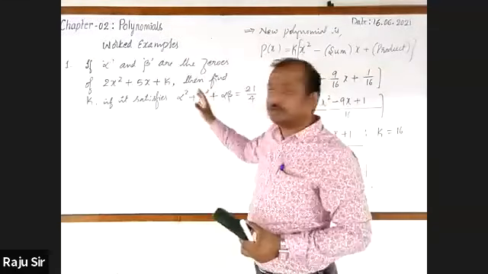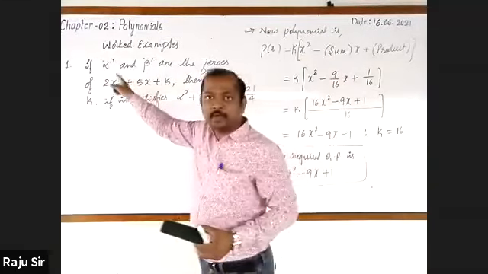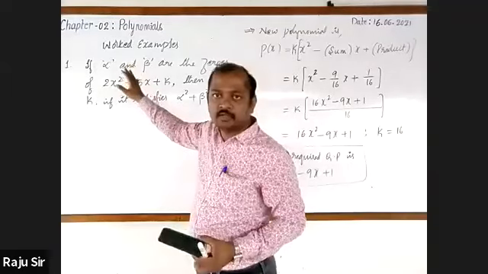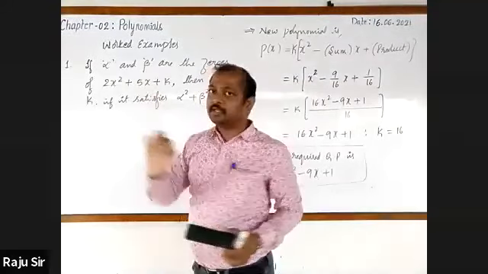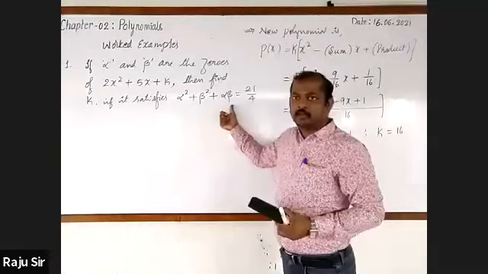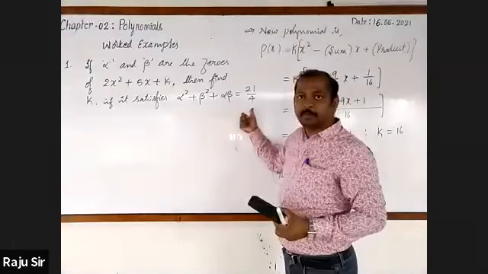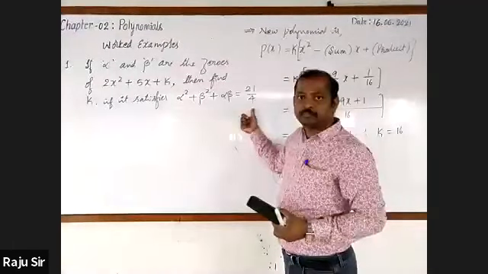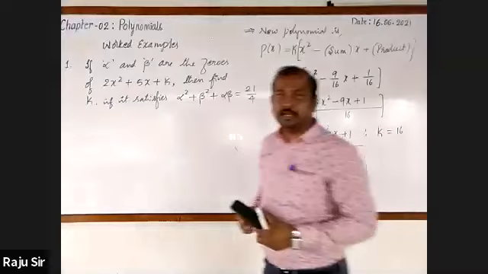Whatever alpha and beta are the zeros of the given polynomial, those zeros will satisfy this statement: alpha square plus beta square plus alpha beta is equal to 21/4. Using this statement, we have to find the value of k.